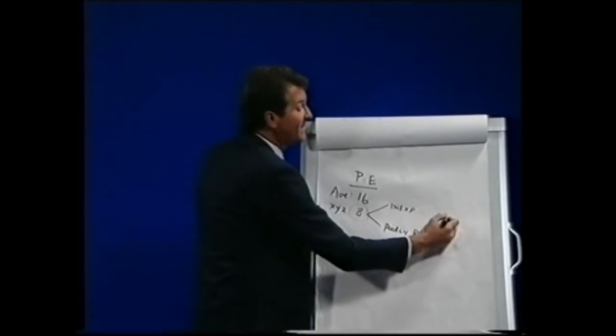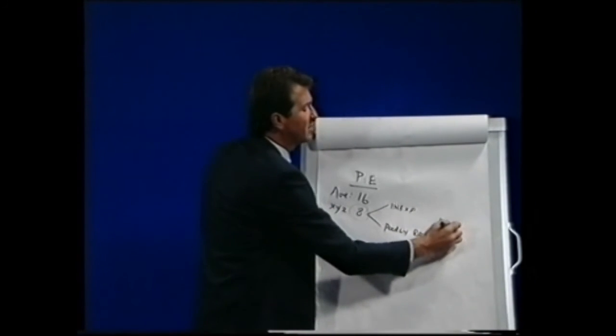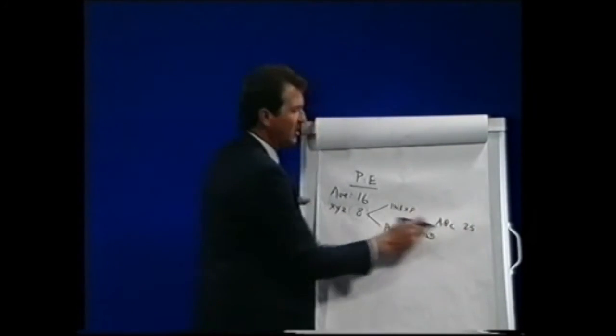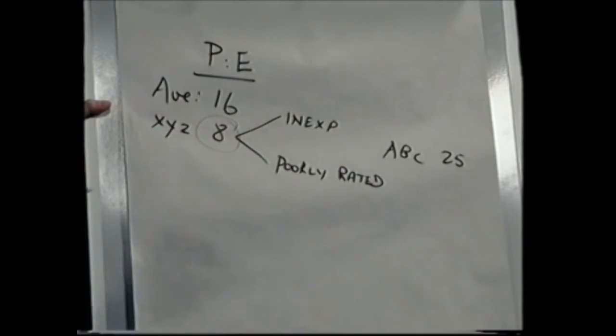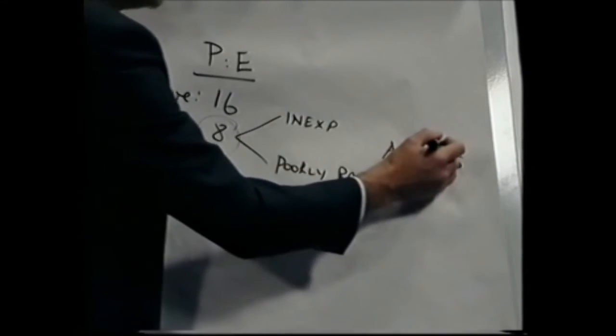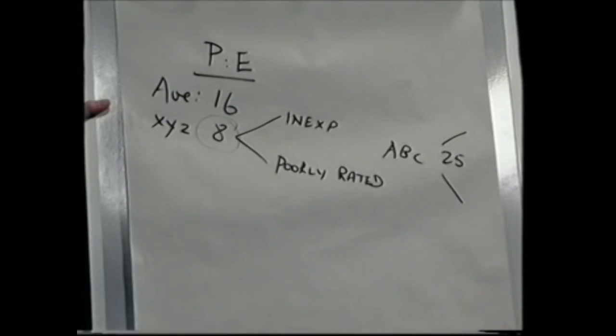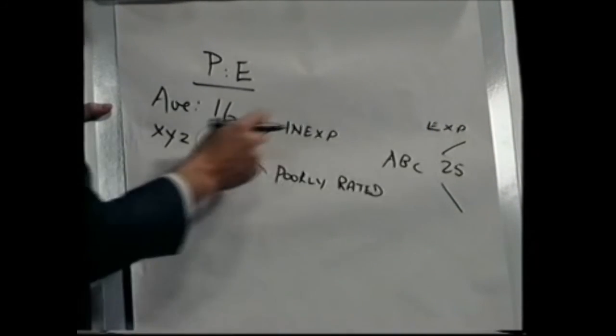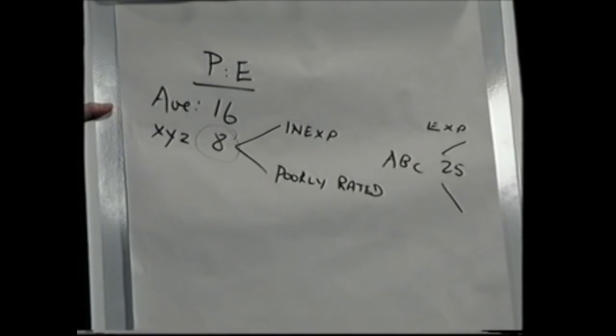On the other hand, if in the same section of the newspaper, a share called ABC has got a PE ratio of 25, which is significantly higher than the average PE for that sector, again we must be careful because there may be two competing explanations for that being much higher. Number one is that the share is relatively expensive compared to the average, and therefore don't buy it.